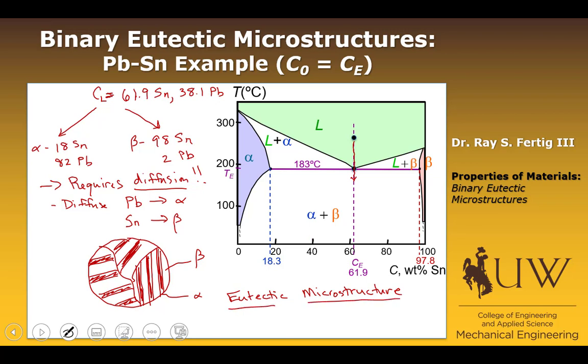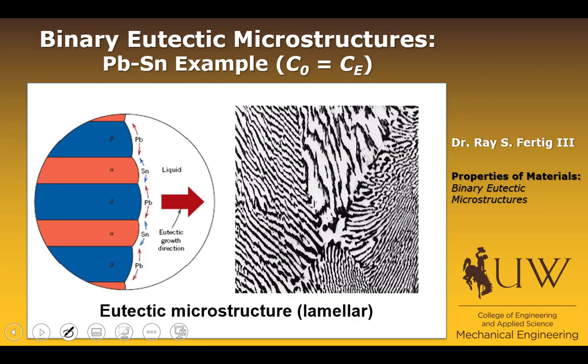Okay, so let me show you an example of what that looks like in a real material. On the right, you're looking at an actual micrograph. So this is a real micrograph. And on the left is just a schematic of what's happening. In this case, it's going the other direction.